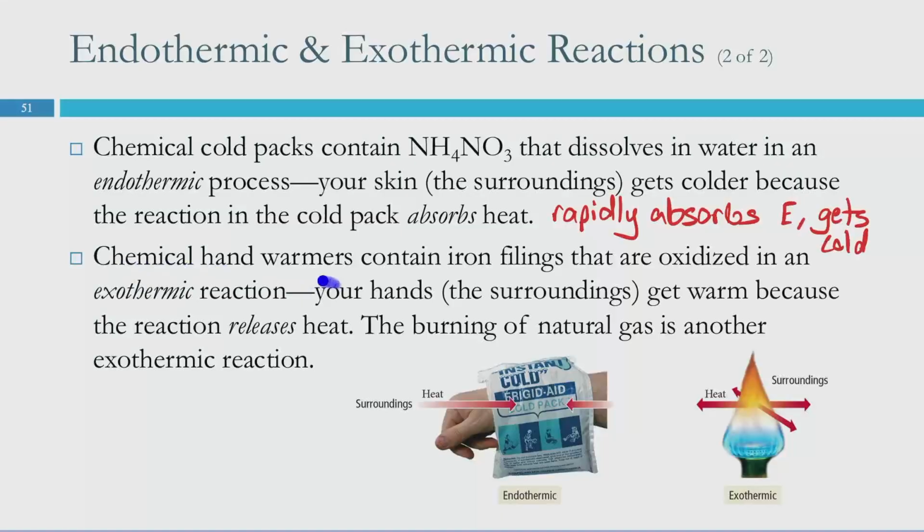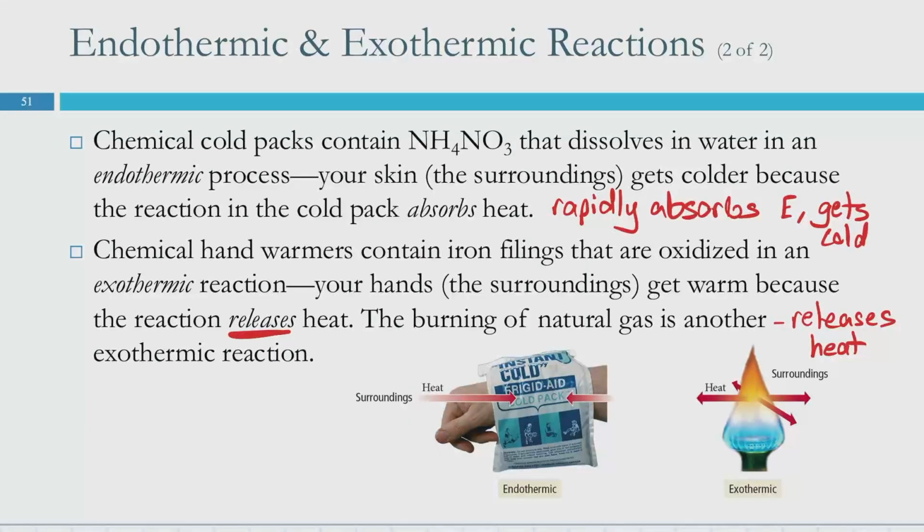On the other hand, chemical hand warmers contain iron filings, basically just iron dust, and that gets oxidized in an exothermic reaction. It reacts with oxygen in the air as an exothermic reaction, and it produces heat. It releases heat. As a result, it gets hot.